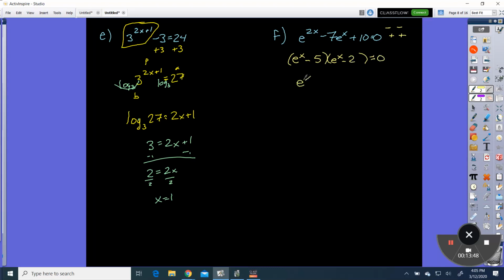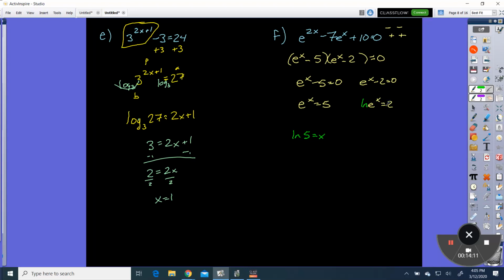Now I put each of my factors equal to 0. So I have e to the x equals 5 because I'm going to add 5 to that side. I'm going to add 2 here, so I get e to the x equals 2. So now that I'm to this point, remember I can just rewrite it as a logarithm. So log base e, which is ln of 5, equals x.